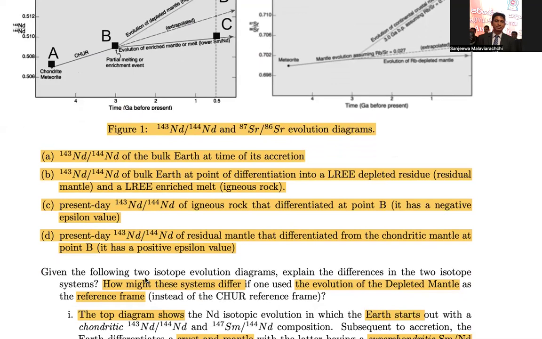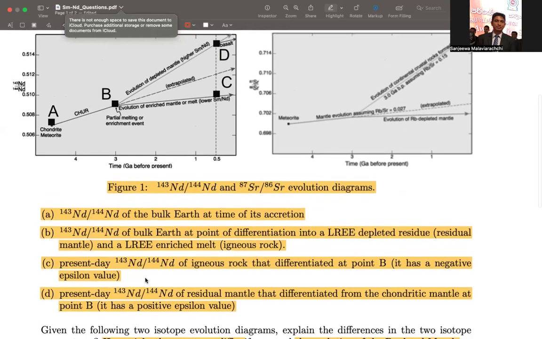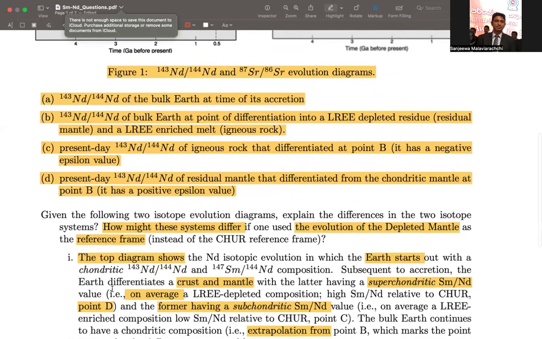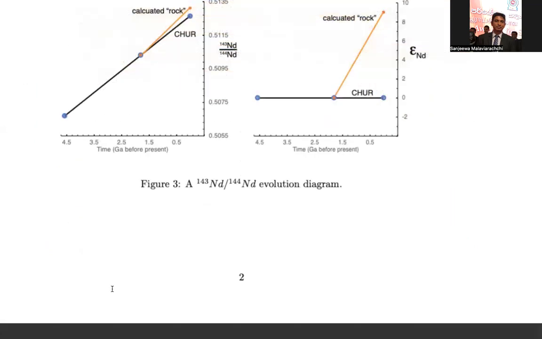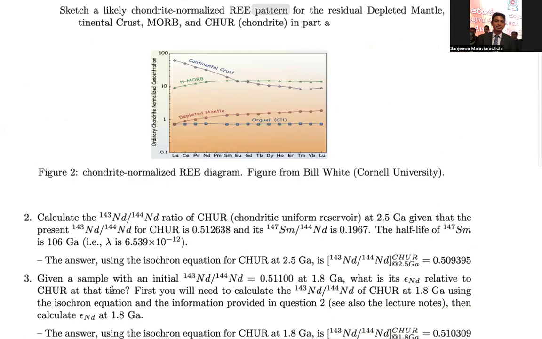And model age means the timing is not the absolute age, but the timing when your rock's parent material separated from the mantle. So that is very necessary. You remember those diagrams, okay?